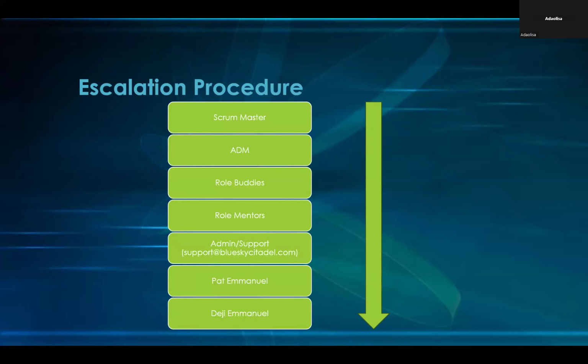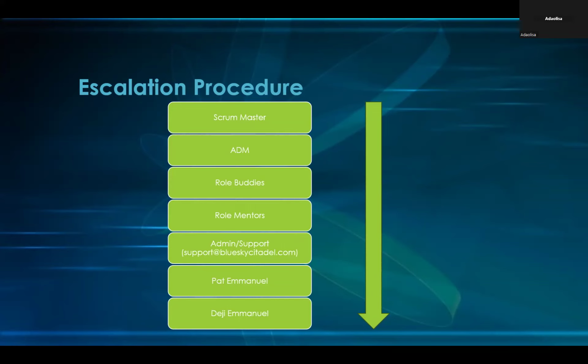Do you know why? Because one of their major roles is to remove impediments. They need to unblock you so that you can move forward. So if the Scrum Master is not able to resolve what the issue is, make sure you get the Scrum Master to escalate that for you.